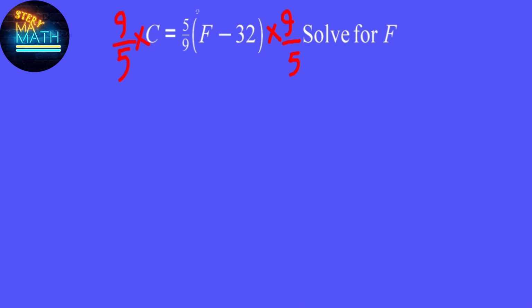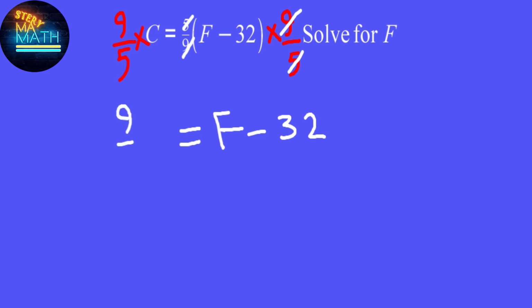Now you can cancel 5 with 5 and 9 with 9. Now I'm left with f minus 32 on the right hand side, and on the left hand side I'm left with 9 over 5 c. And we get close.